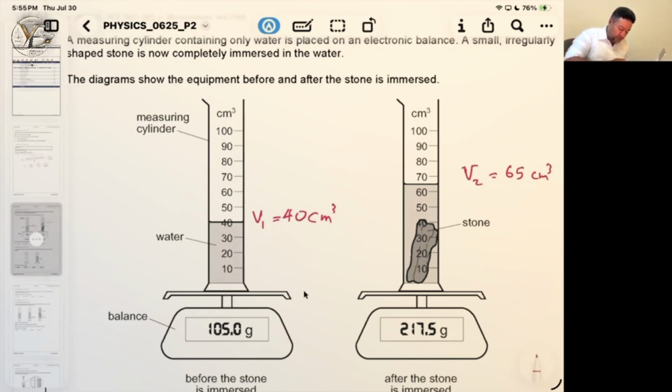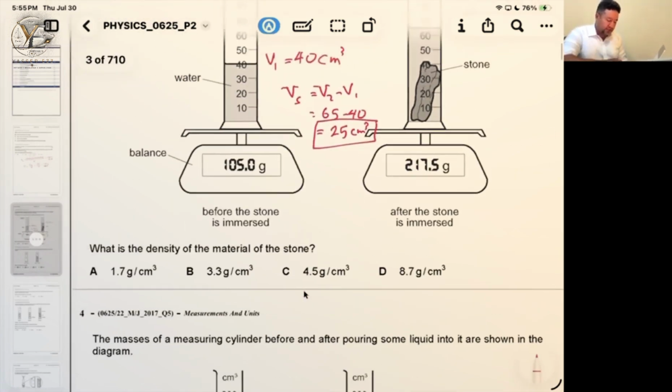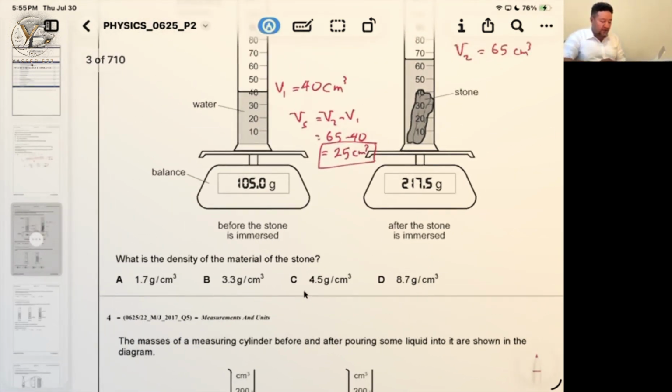To find the volume of the stone, V of the stone will be V2 minus V1. 65 minus 40 equals 25 centimeter cube. So the volume of the stone is 25 centimeter cube. And here the reading of the balance, the difference of the reading, we can estimate the mass of the stone, because the only change is the stone in the second reading.